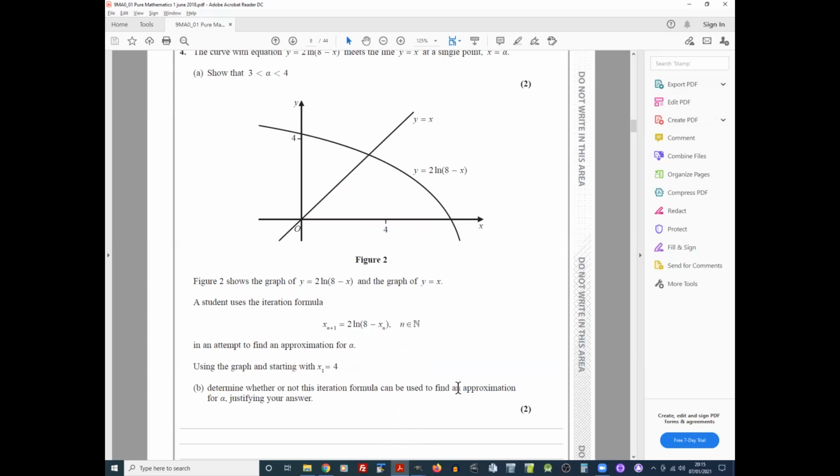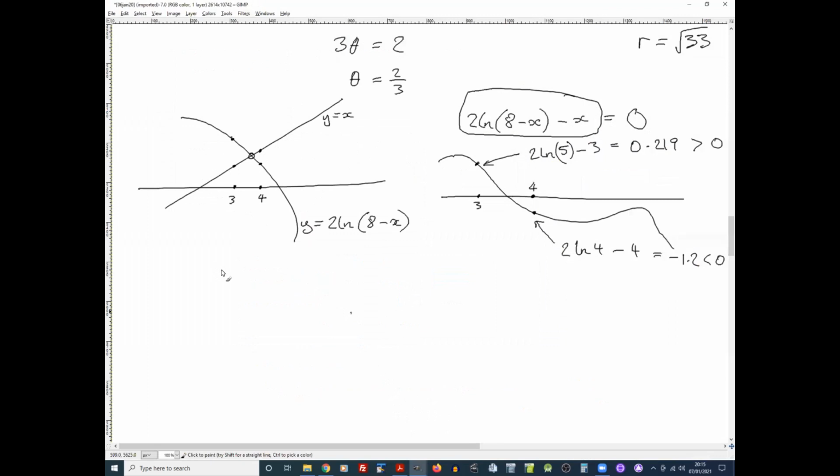And then just display for them, if that's x1 equals 4, then my calculator is telling me x2 equals 2.77 around. x3 equals 3.31.